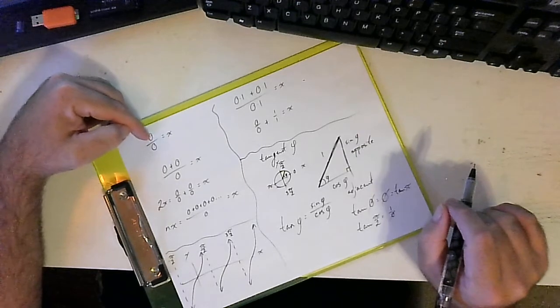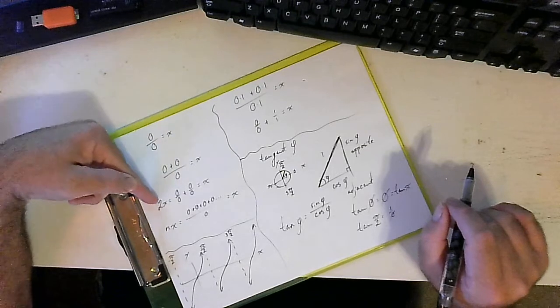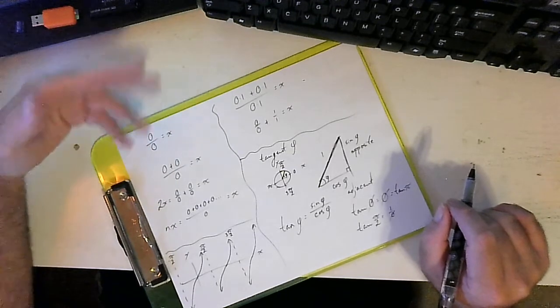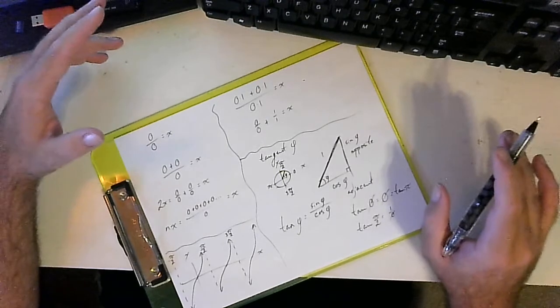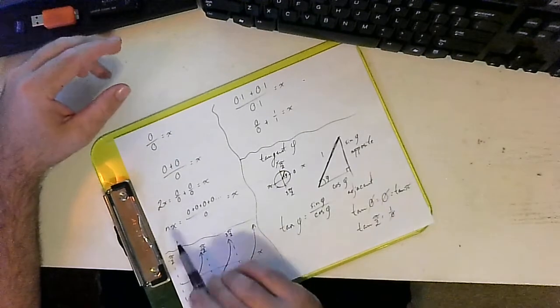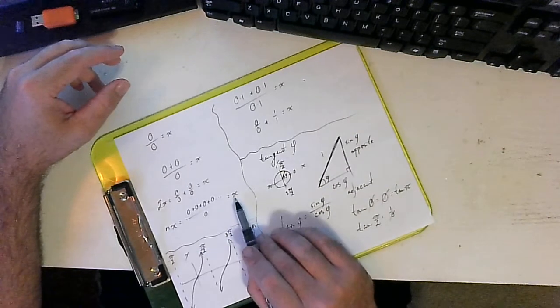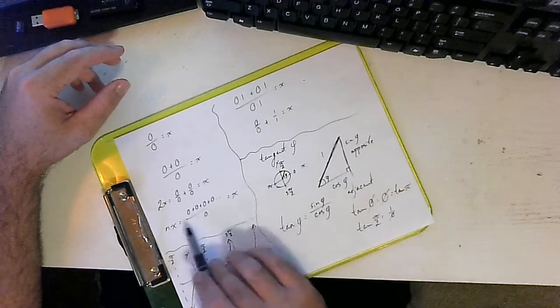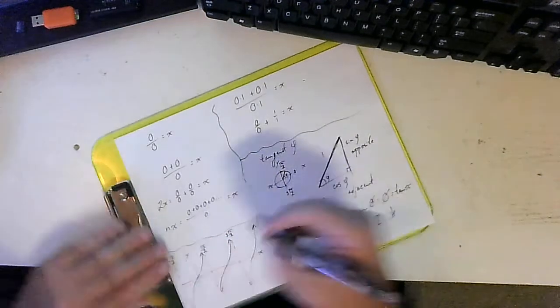But anything divided by 0 doesn't operate that way. Anything divided by 0 is simultaneously everything. So we cannot say that this x is the same as this x, even though they're in the same equation, right?